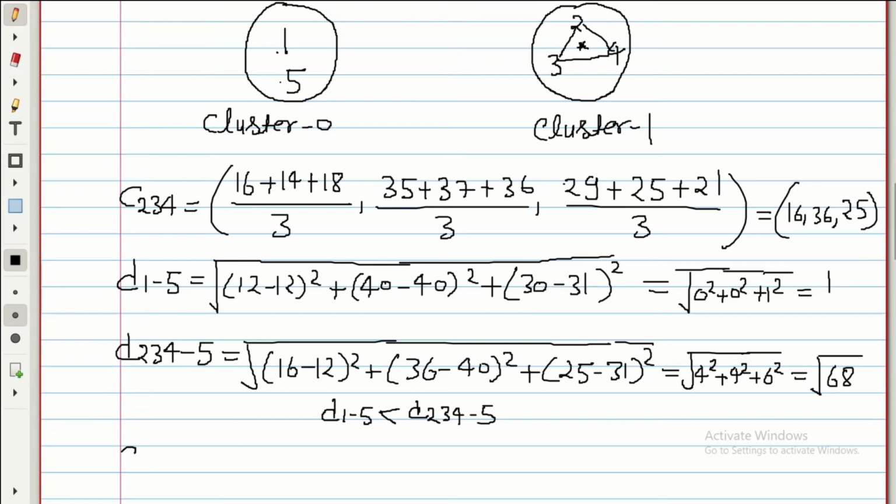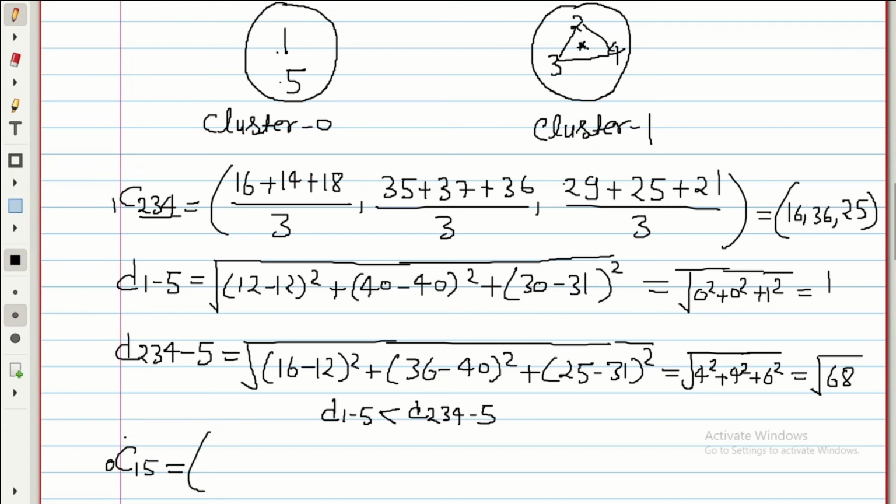So I am writing C, actually I should write C0 here, 0C here, 1C means cluster number 1, and midpoint or average point of 2, 3, 4 here for cluster 0, midpoint of 1 and 5.